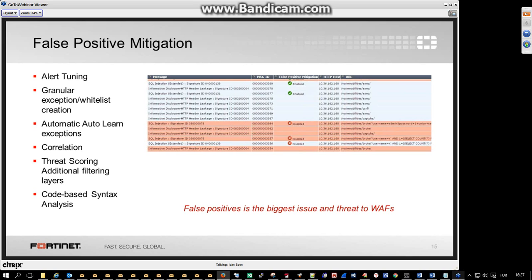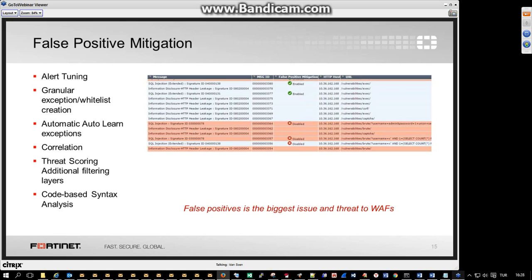When it comes to false positive mitigation, this is something that we have really taken to the next level, something that we've decided to focus a lot on. For the ones of you that have been dealing with WAFs in the past, false positives are probably the biggest issue and threat to a WAF, because a lot of these applications create false positives, and customers would start needing to add whitelist rules or disable the signatures and so on.